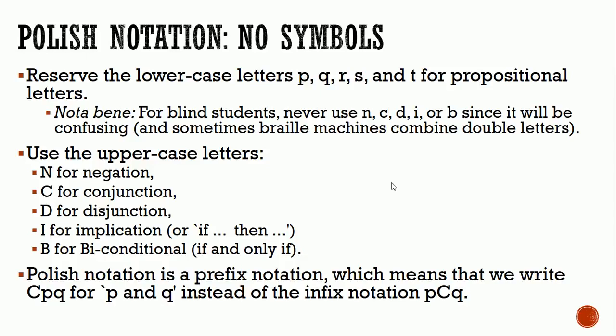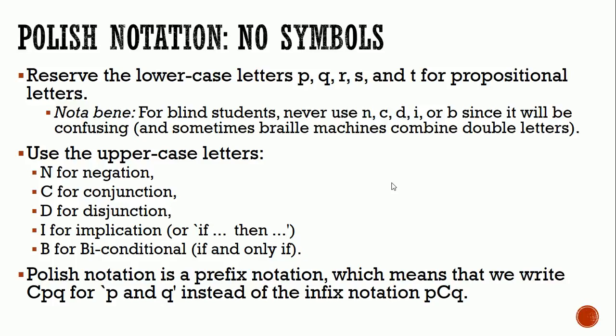So there are no symbols because you can't read those in Braille. You reserve the lowercase letters P, Q, R, S, and T for propositional letters. And so yeah, for blind students, you never use N, C, D, I, or B as propositional letters since it will be confusing. Now for the uppercase letters, N will be negation, which is a tilde in our regular notation.